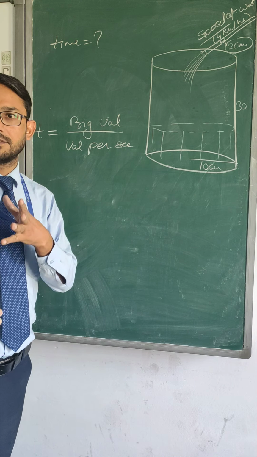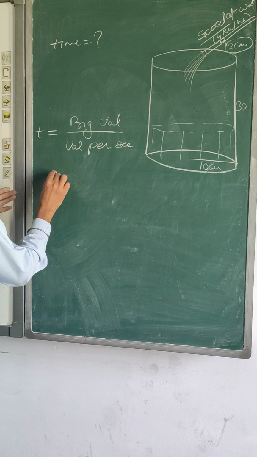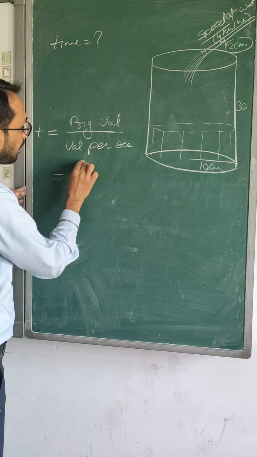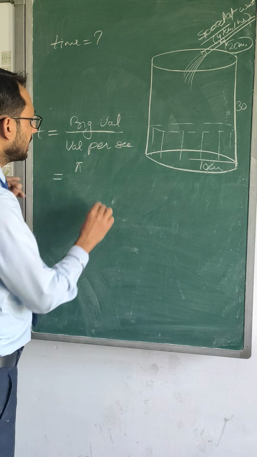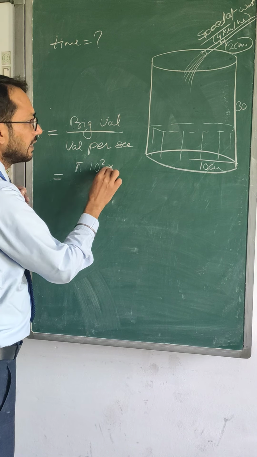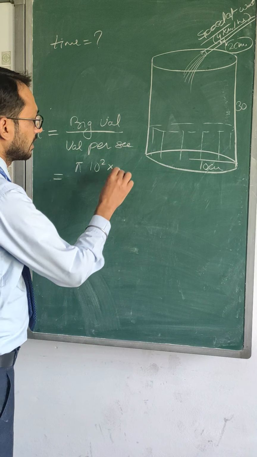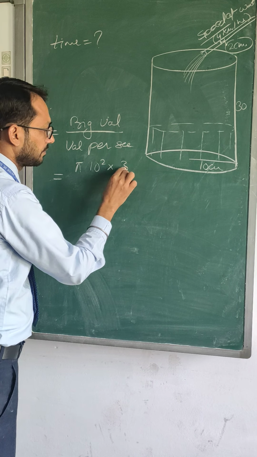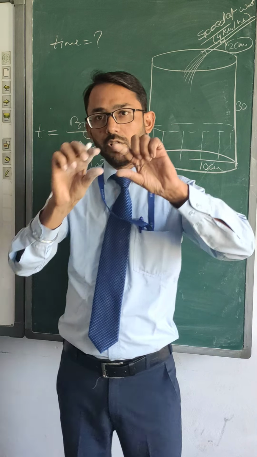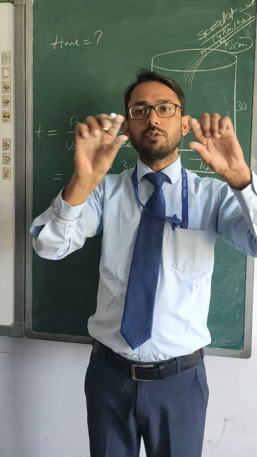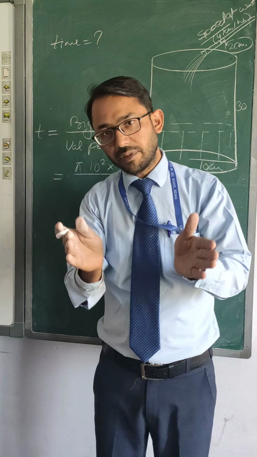Now the big volume is pi r square h, r is 10 square, h is 30, upon the volume per second. The volume per second coming out will also be cylindrical because the pipe is cylindrical.